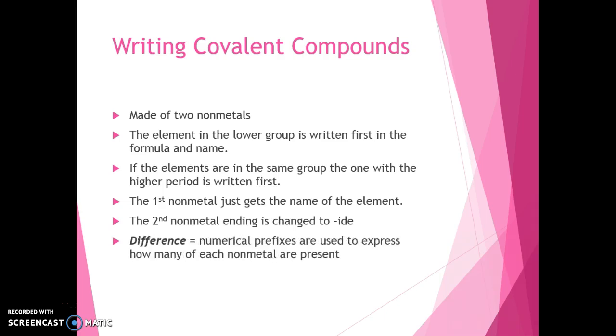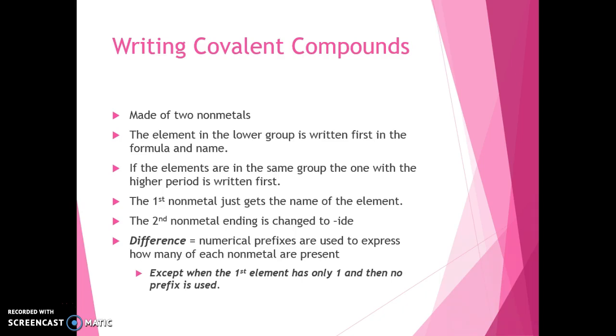And finally, the difference is, instead of not using prefixes, we use prefixes to express how many, because we are not able to determine that because things can form double, triple bonds. And so we need to make sure that we know how many are there, and so that we can figure out which bonds are being formed.